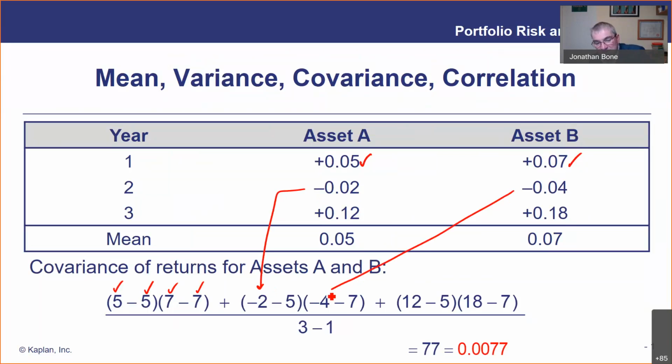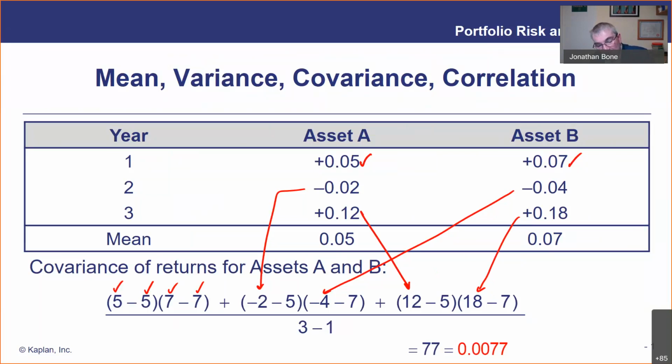There's your -4. Again, you've got a choice if you want to do the computations manually. You can either do it as a decimal or you can do it as a whole number. Even though we've done it as whole numbers here, I'm a fan of doing it as a decimal. It's more mathematically correct, essentially, that way. And then you can see that there's the 12% and there is the 18%. So on the numerator, we're taking the deviation from the mean for both assets and multiplying them together and then summing for all observations.